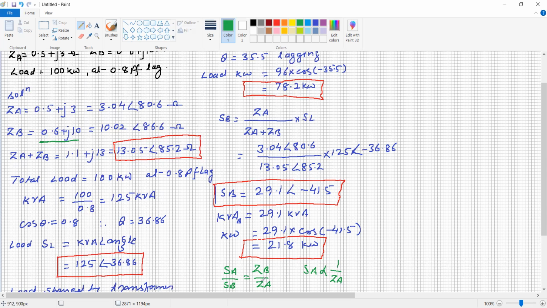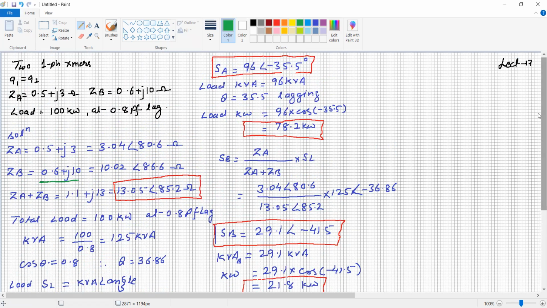Just remember, the transformer whose impedance is low will share higher power, and the transformer whose impedance is higher will share less power. Now suppose the impedances of both transformers are the same, then they will share equal power if they have equal capacity in kVA.